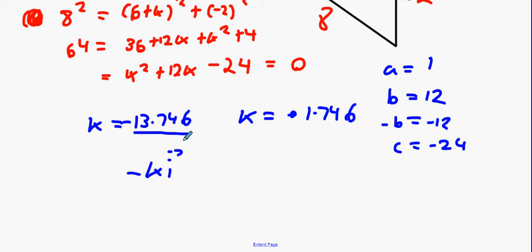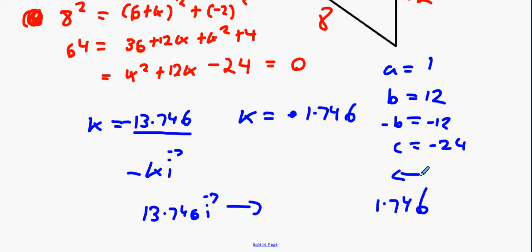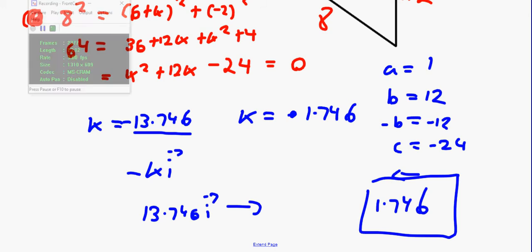So for me, the answer is you either go 13.746i directly to the east to get an 8 meter per second wind, or you go 1.746 to the west to get an 8 meter per second wind. So my answer in the back would be the 1.746. Is that the correct one? There you go. Because the double negative would actually send it to the east, not the west. Tough question.